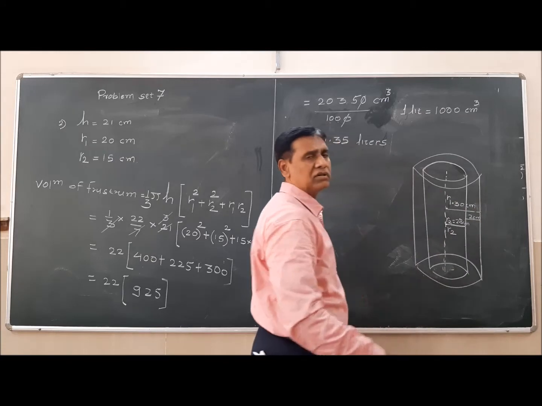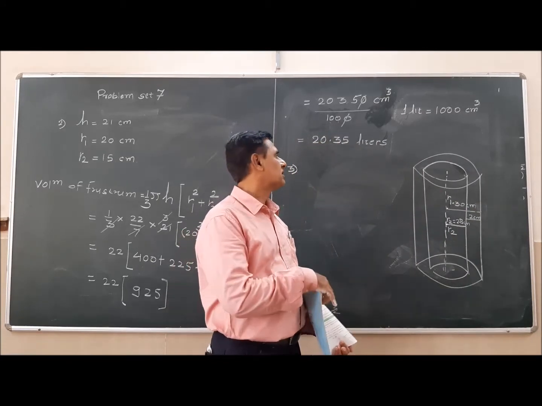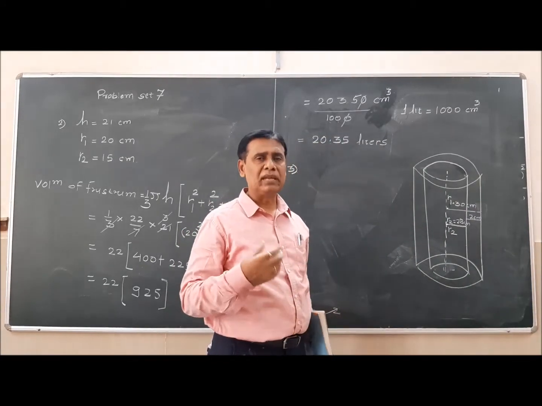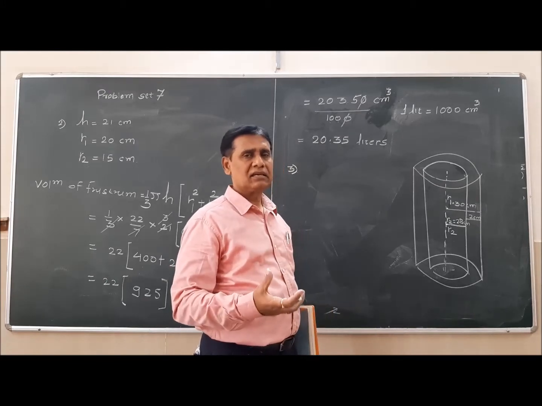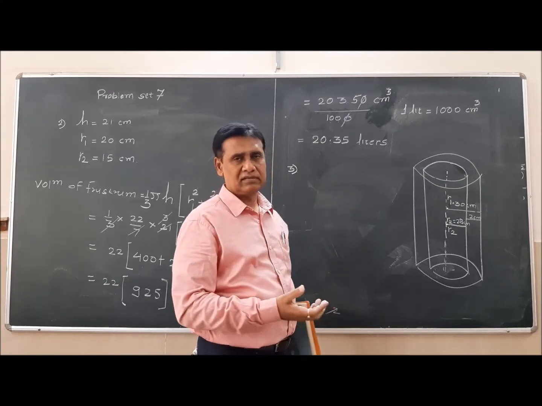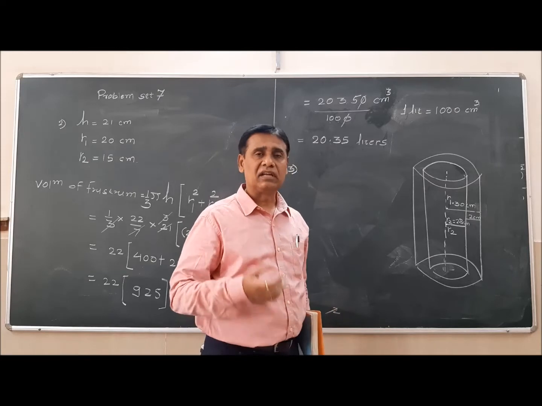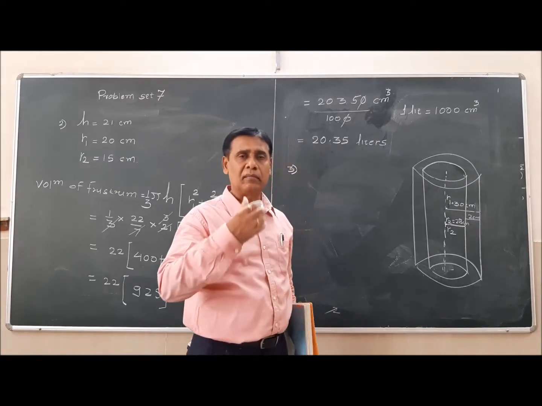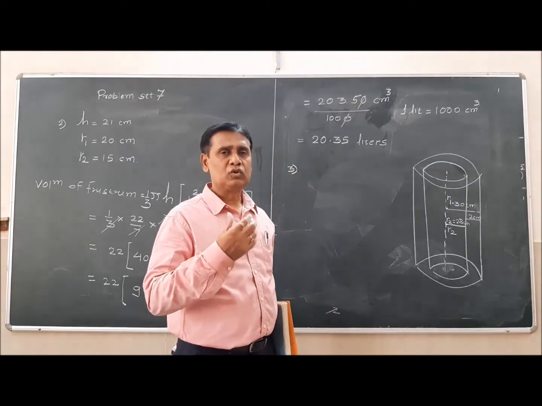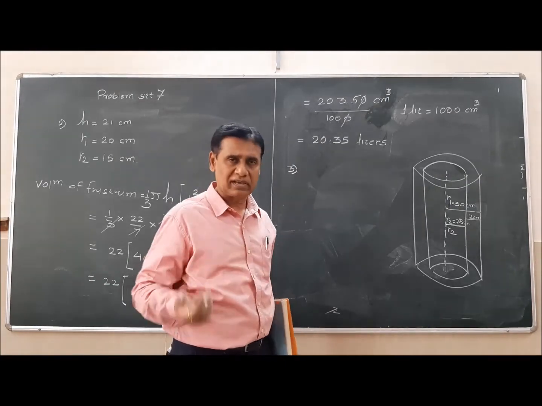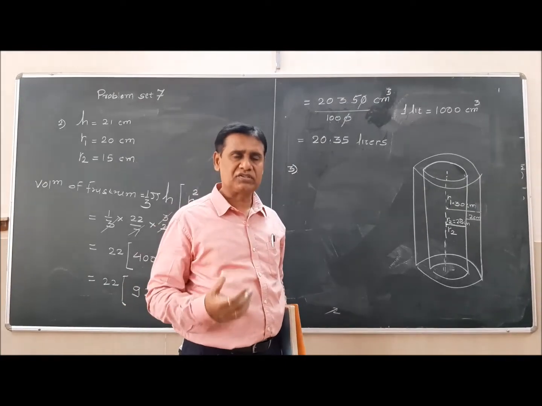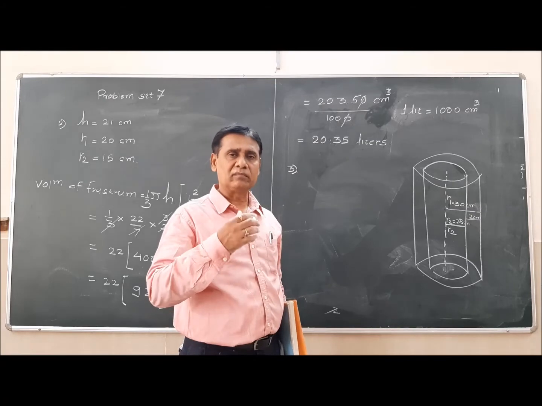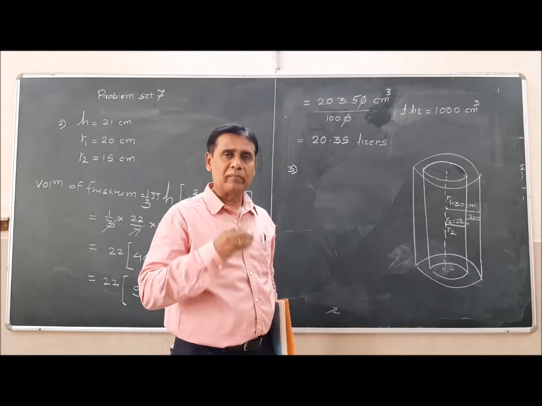These things are very important to know, because plastic balls are melted and a tube is prepared. So naturally we have to calculate the volume of the material used to prepare the tube.